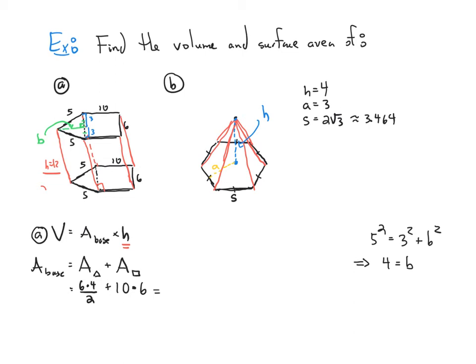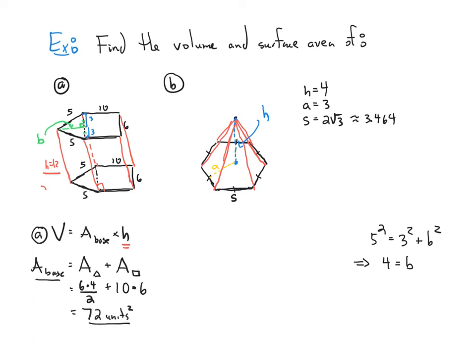Maybe I'll write this below just for room issues. 6 times 4 is 24. 24 over 2 is 12. 12 plus 60 is 72. So I know this is 72 units squared. We found the area of our base.